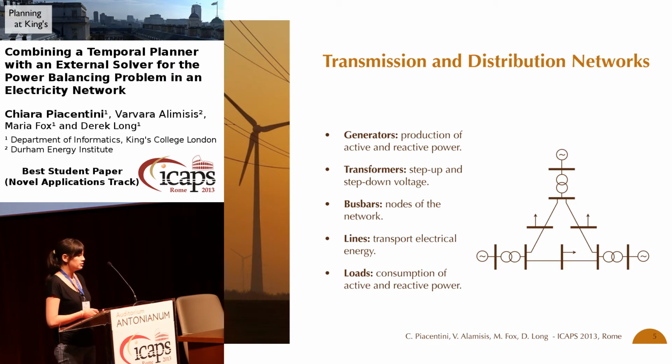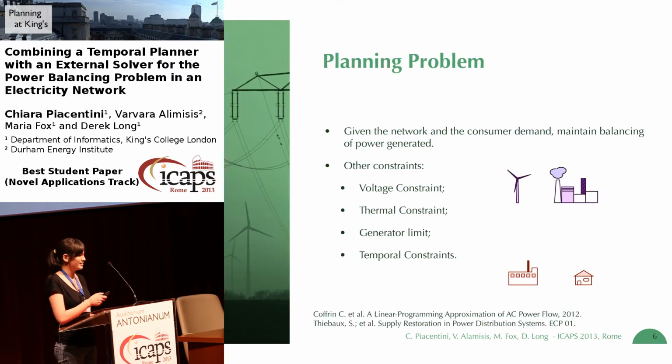The problem that we have with power systems is that we don't have large storage devices. So this means that we need to satisfy the demand at every time instant. In the meanwhile, we want also to maintain some constraints on the network.